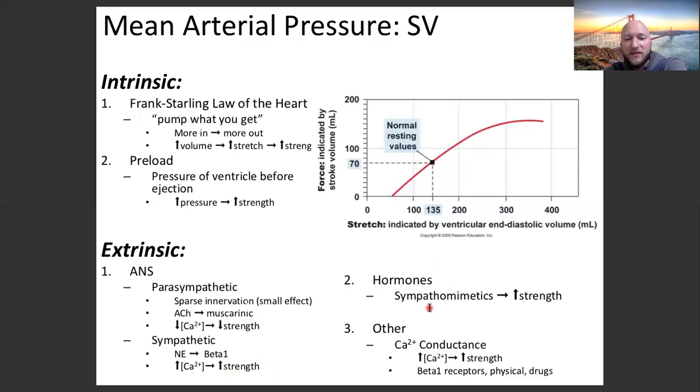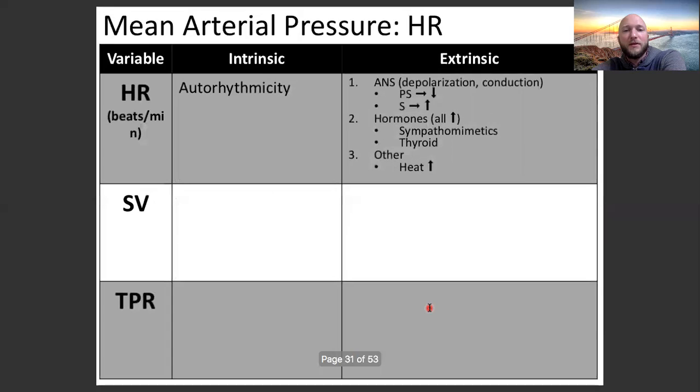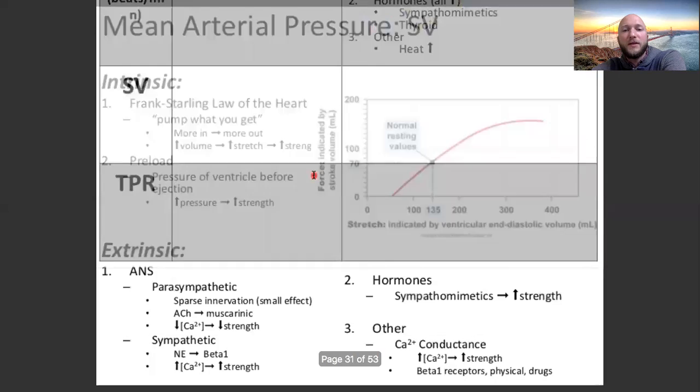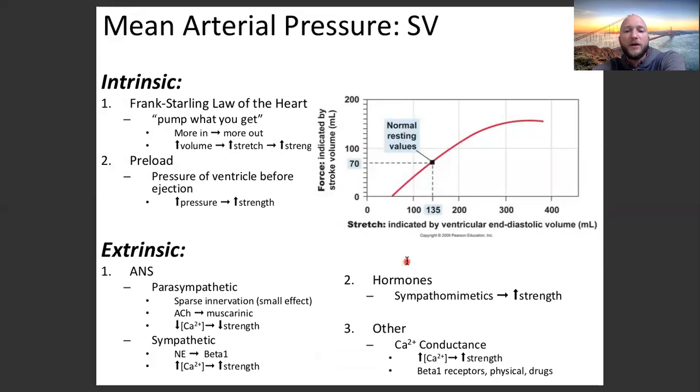Hormones, we see the sympathomimetics again. What are the sympathomimetics? Off quiz time. Norepinephrine and epinephrine, they are the neurohormones produced by the sympathetic nervous system. And this increases the strength of contraction.